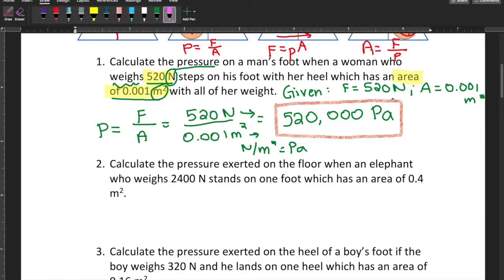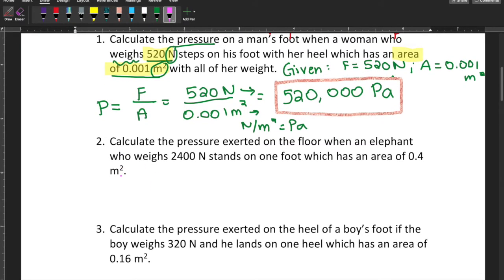Okay. Question number 2. It says calculate the pressure exerted on the floor when an elephant who weighs 2,400 newtons stands on one foot, which has an area of 0.4 meters squared. Here we just use the same equation as above. We're solving for pressure, so pressure is equal to force over area, because that's a proven equation.